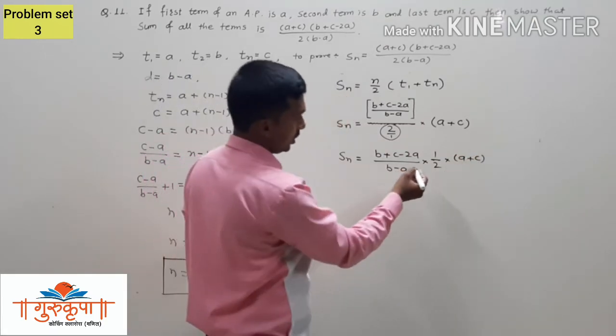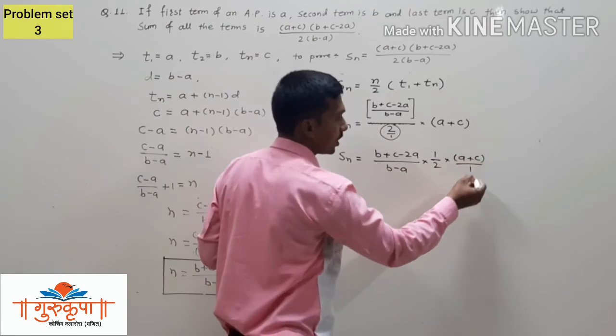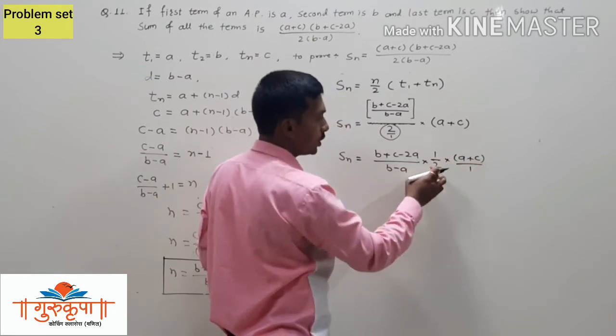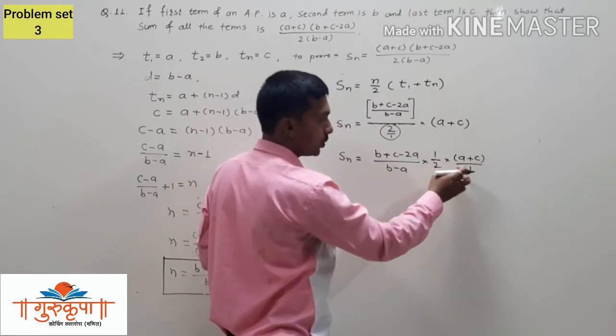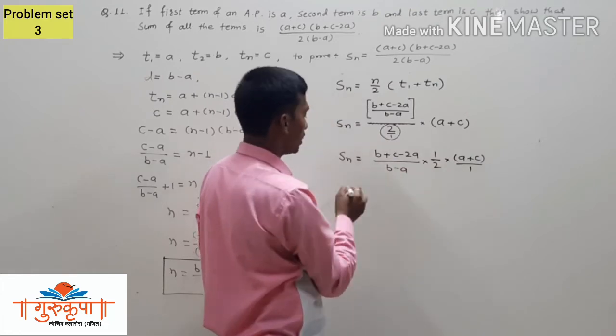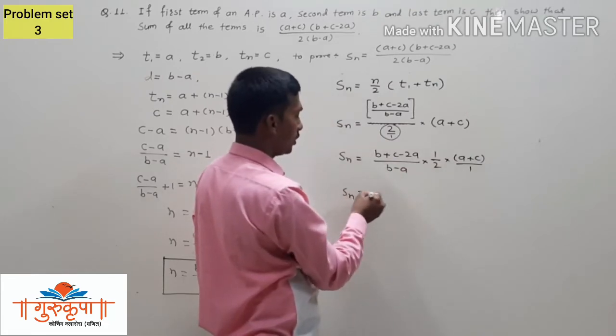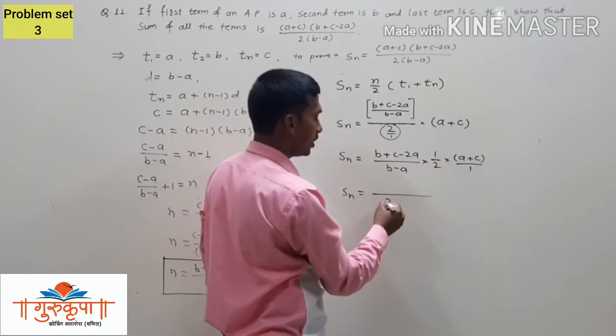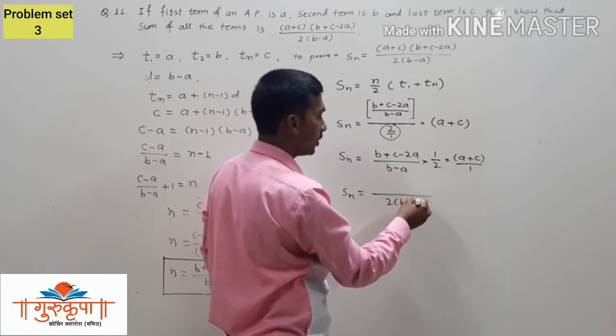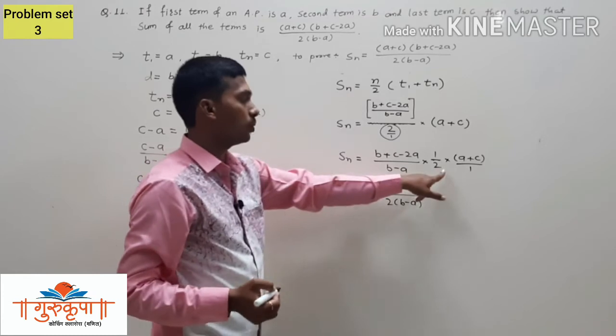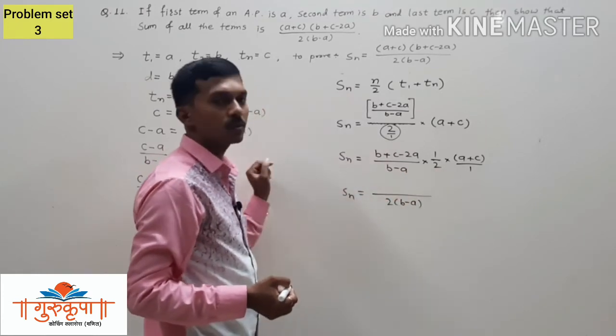Now in the denominator we have (b - a) into 2 into 1. 2 into 1 is 2, and 2 multiplied by (b - a) is in the denominator. What is remaining there in the denominator? 2 into bracket (b - a).